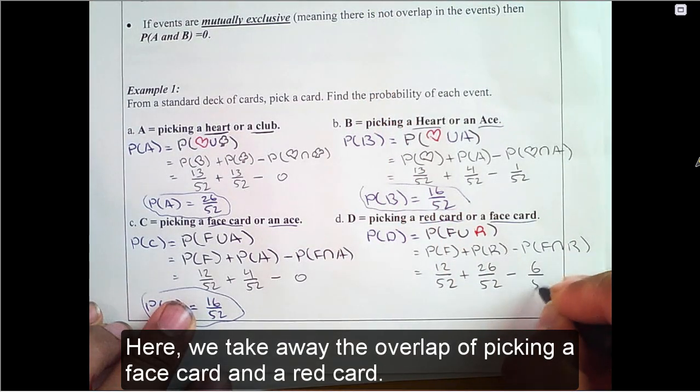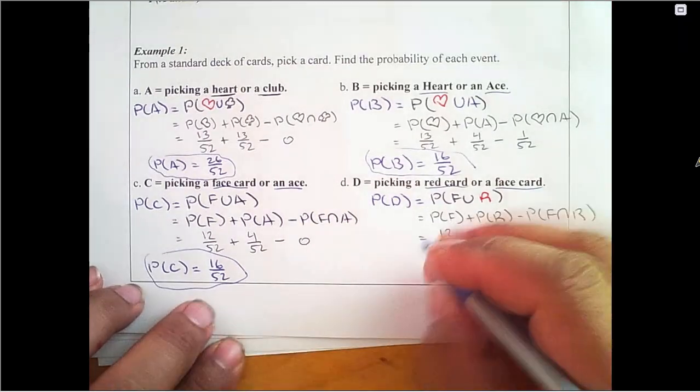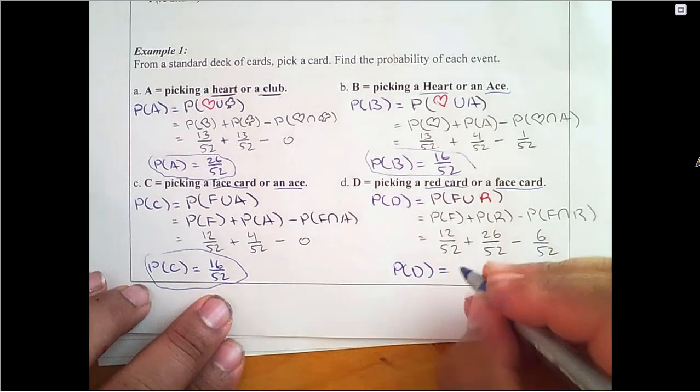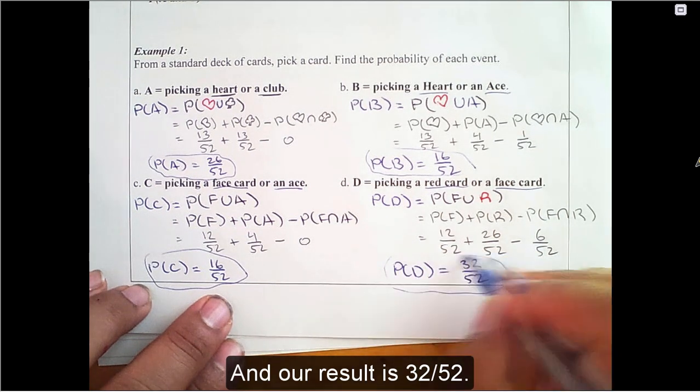Here, we take away the overlap of picking a face card and a red card. And our result is 32 out of 52.